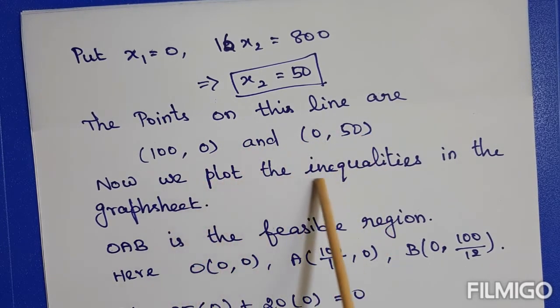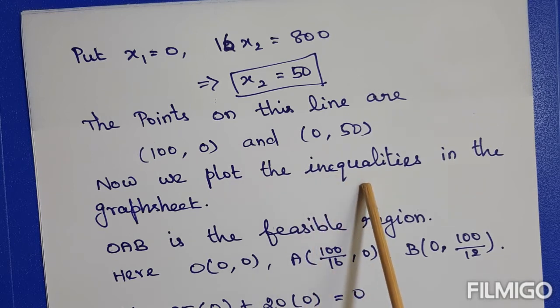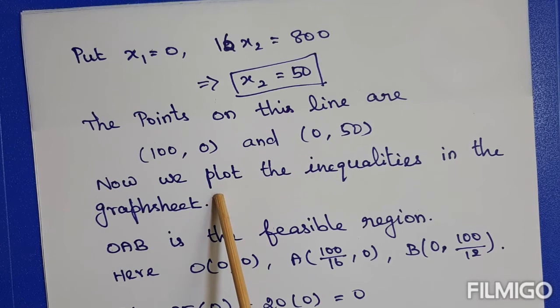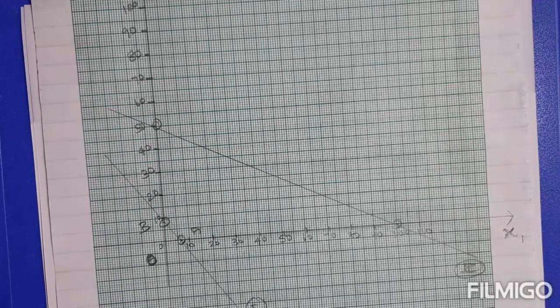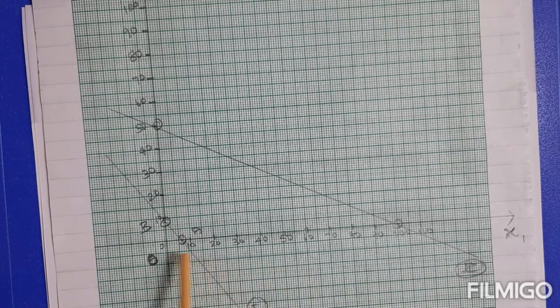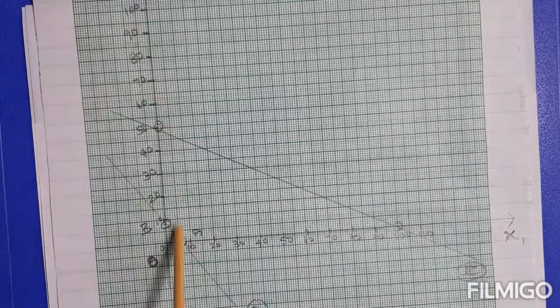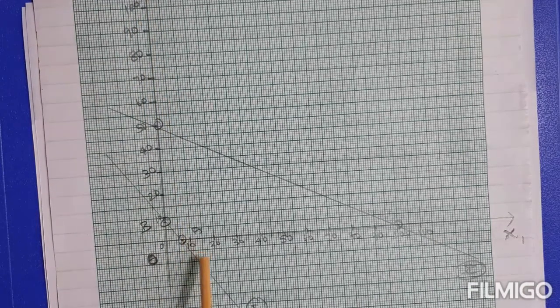Now, we plot these two constraints in the graph sheet. Here, I take the graph sheet and plot this line as x1 and this line as x2. Here, we are having the non-negativity restriction.